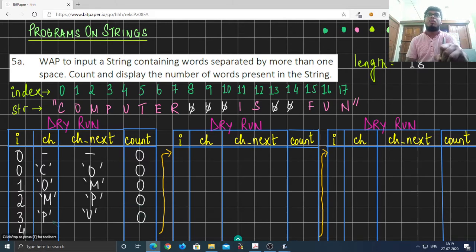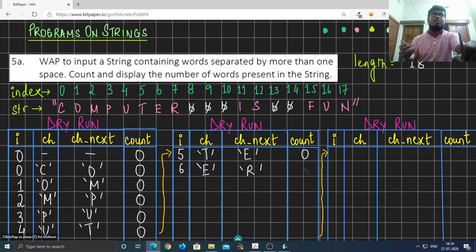At index 4, we have the letter U, and the character following it is T. U is not a space, therefore we ignore and move ahead. We increase the value of I again by 1. We get the character T, and the character following it is E. T is not a space, therefore we move ahead, increase the value of I. Then we get E. E is not a space, and the character following it is R, so we move ahead.